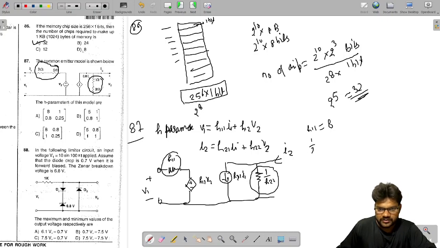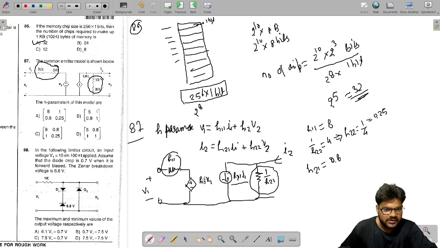So 1 by H22 is 4, so H22 is 1 by 4, that is 0.25. If I compare this one, this is 0.8 I1, so this is H21 I1. So H21 is 0.8. And if I compare this voltage dependent voltage source, this is 1, so H12.